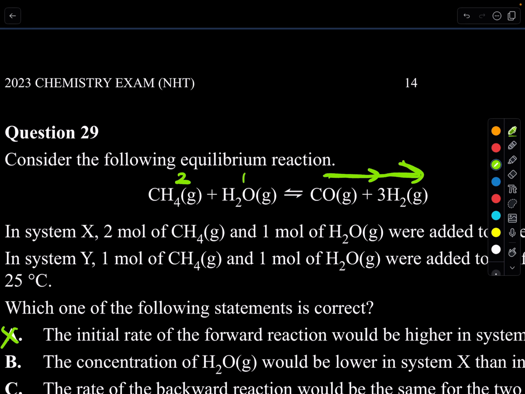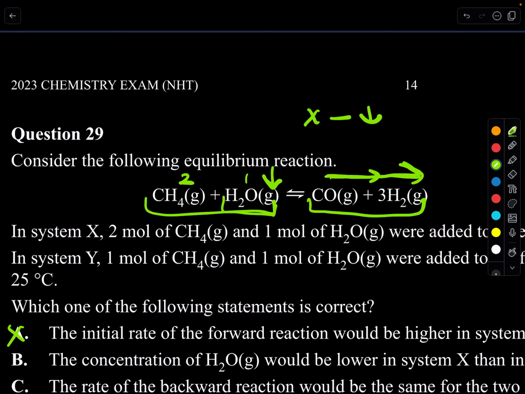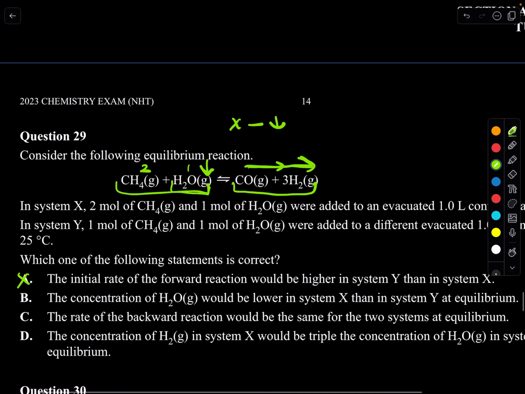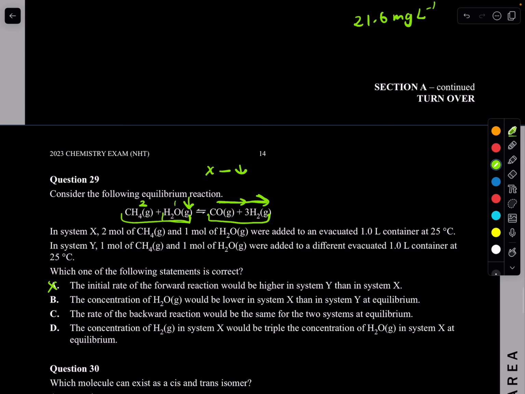You're going to be forming more of these, and hence these two will be decreasing further. Hence H2O will actually be decreasing more in system X. Yep, that looks correct: the concentration of H2O would be lower in system X than in system Y. It's going to go more in the forward reaction and use up all of the stuff here, in comparison to using 1 to 1 mole, because you have more of the CH4.